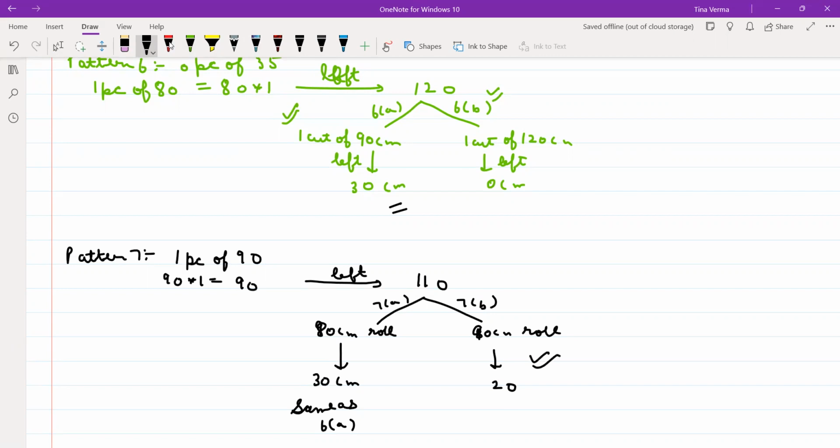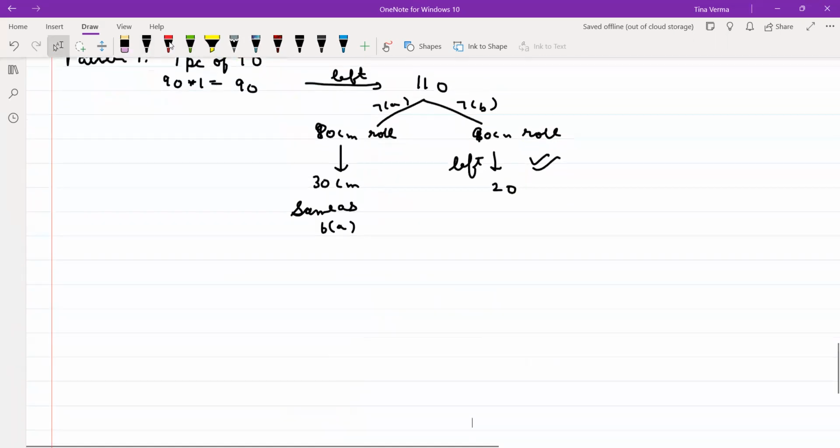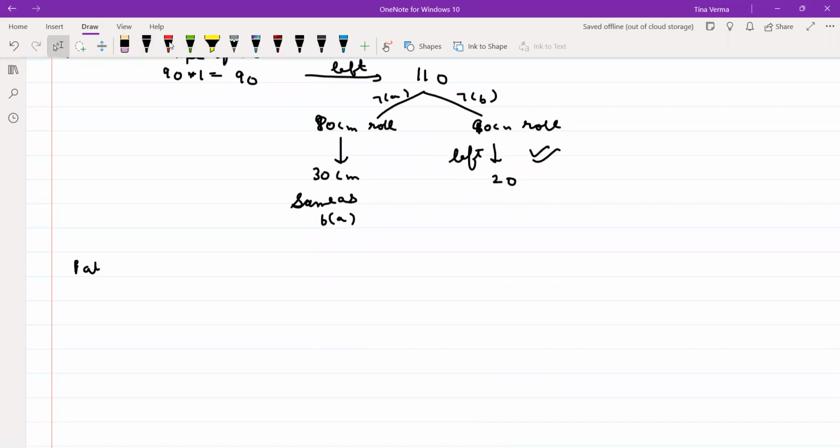So this is my new case. The pattern which you are saying, that I should consider rolls of 80 centimeter, if you consider that, you will have the same number of cases. So I am taking pattern 8, if I am cutting one piece of 120, so I will be left with 80.